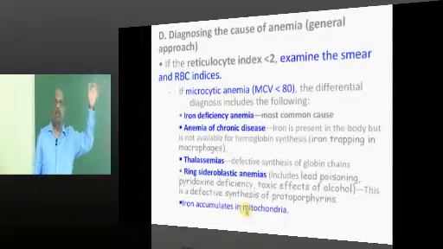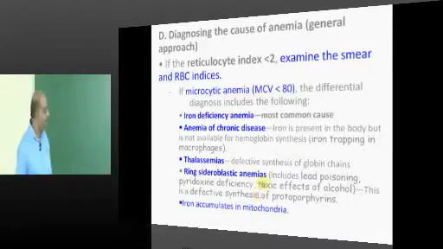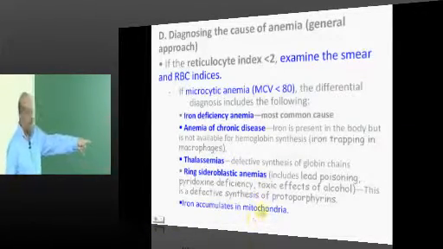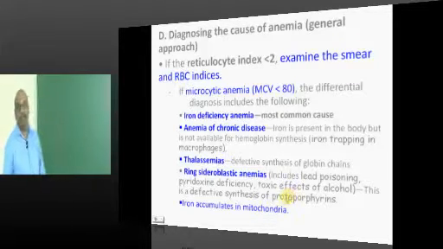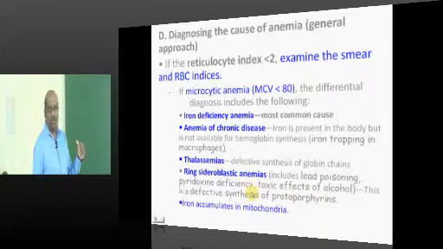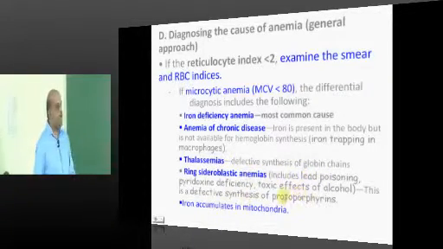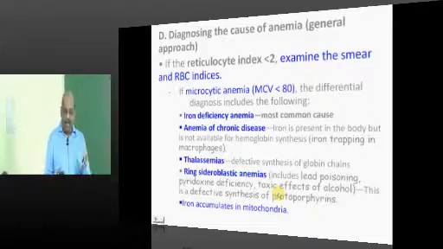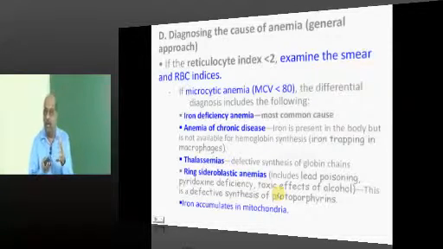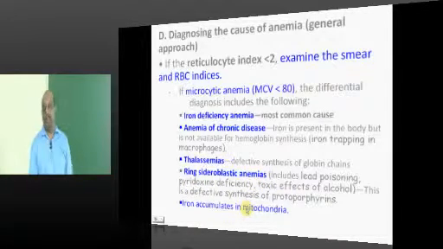It is formed in multiple stages, protoporphyrin, coproporphyrin, etc. So there is a defective synthesis in the protoporphyrins. If the person is receiving alcohol, if there is a pyridoxine deficiency, or if there is lead poisoning, in all these scenarios, the very structure of heme cannot form, and that leads to development of sideroblastic anemia.